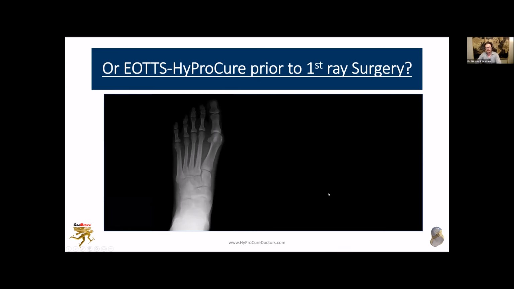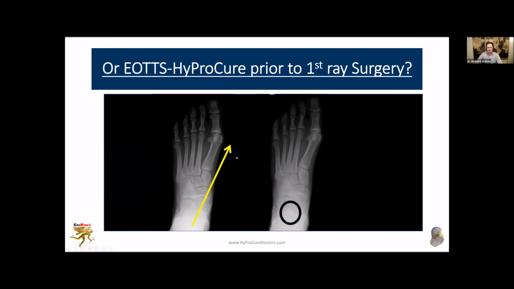So there's some rules that I want to talk about when it comes to performing HyProCure along with first MPJ disease. So here we can see before and after, where we've stabilized the talus and the calcaneus. And then we take a look at what is the effect on the first MPJ.